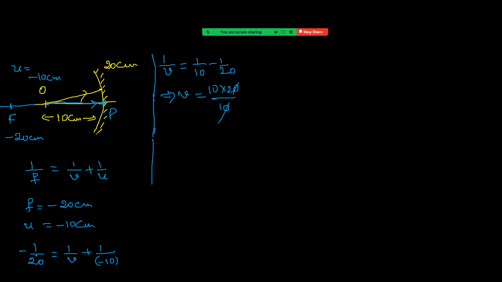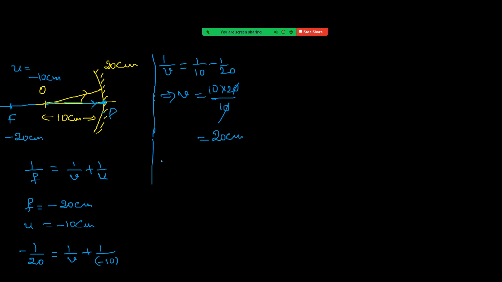And sign convention: f is minus 20, u value minus 10. Taking this to the left side, it is now 1 by 10 minus 1 by 20. So from that v value is 10 into 20 by 20 minus 10, which is now 20. And remember, we got this value positive. Its meaning is that the image is virtual. Okay. Next.